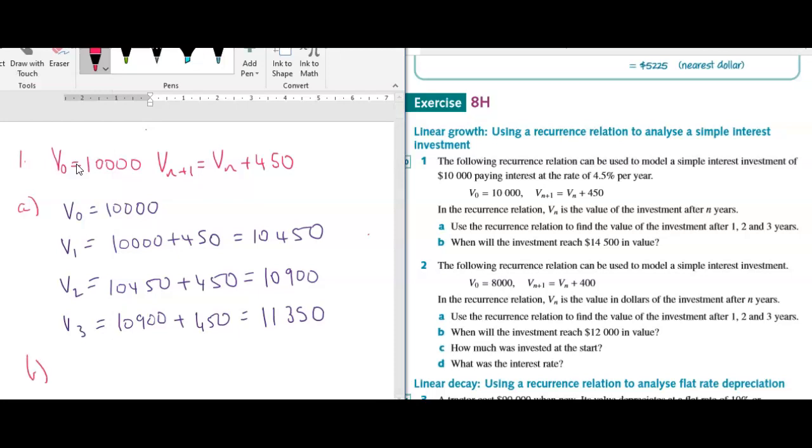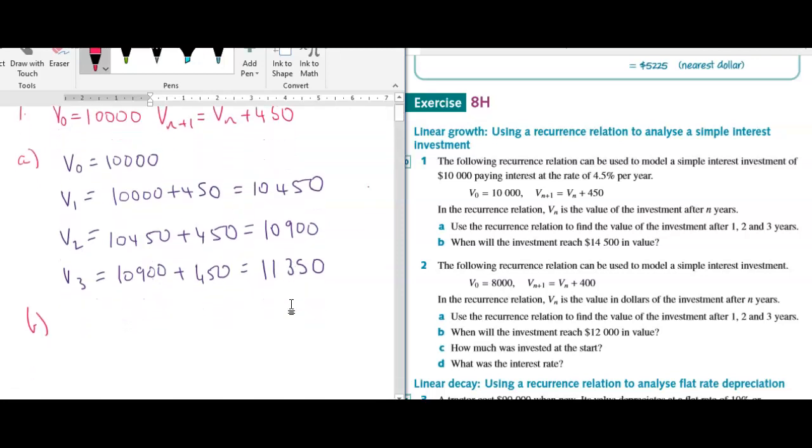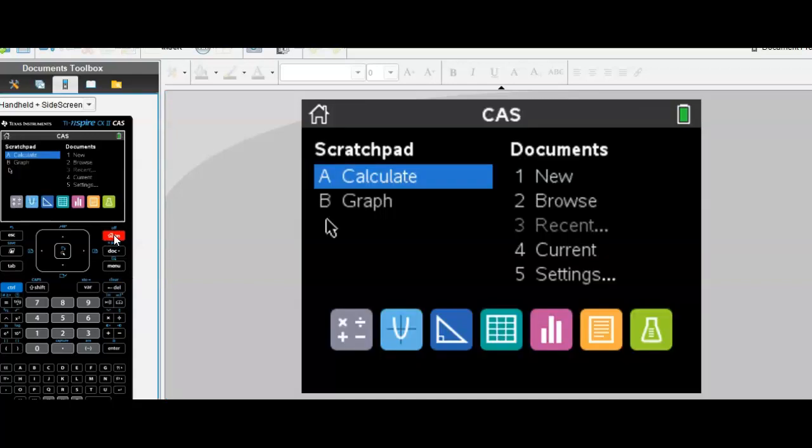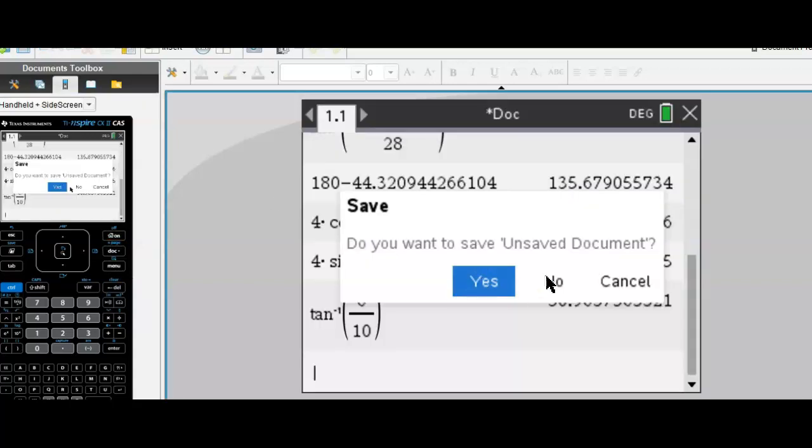So question B, when will the investment reach 14,500 in value? So what you can do on your calculator, hopefully got it here. All right, so I'm just going to get a new page.